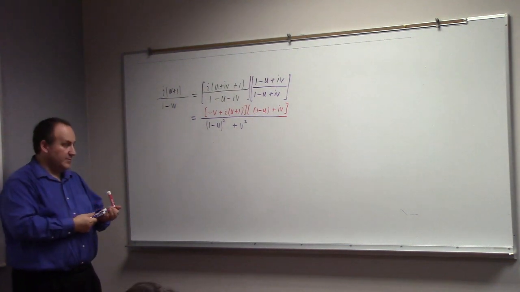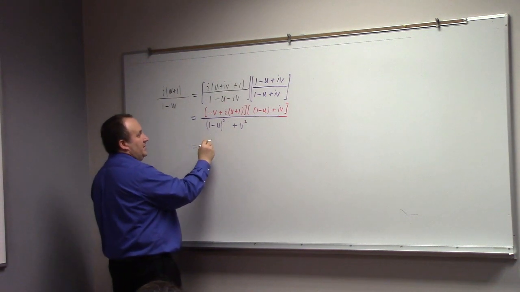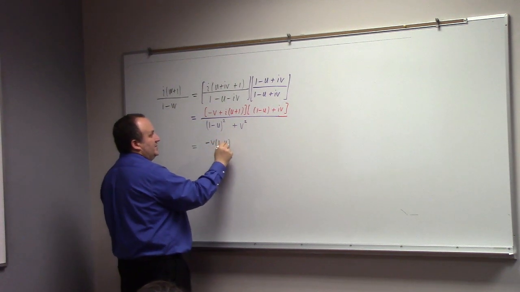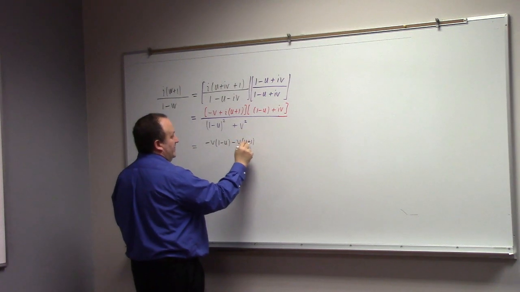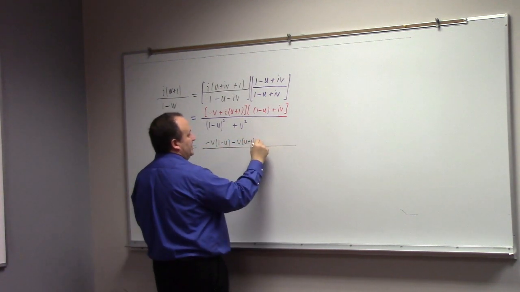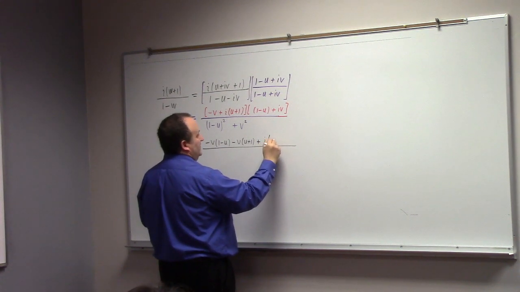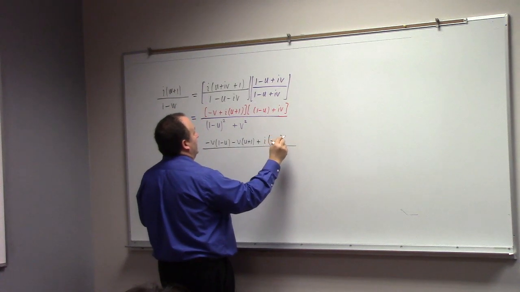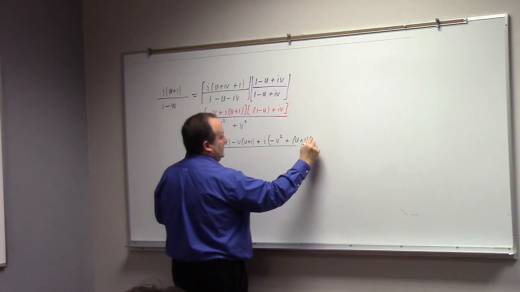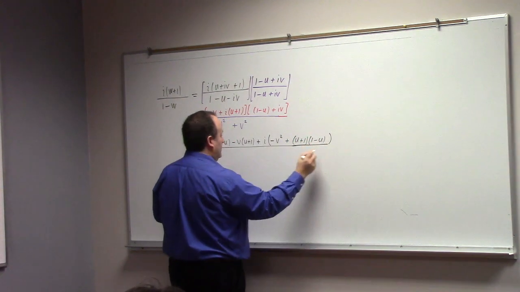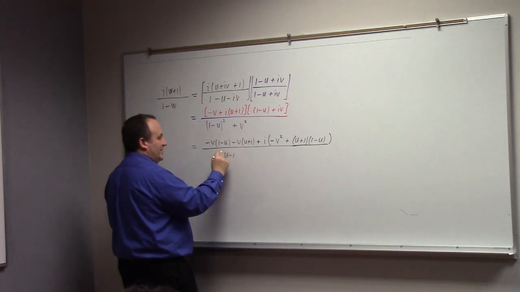I do not distribute through like everything, you know? So that gives me minus v times 1 minus u minus v times u plus 1, that's my real part, plus I times minus v squared apparently, and then plus u plus 1 times 1 minus u, if I haven't made a mistake, divided by 1 minus u squared, which I kind of like being u minus 1 squared. It just looks better to me.